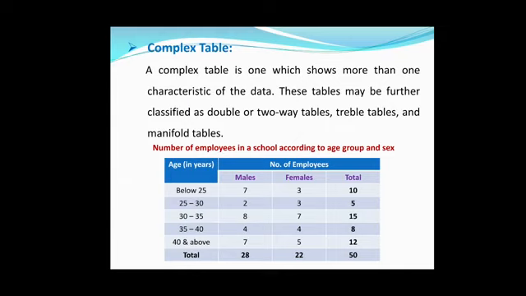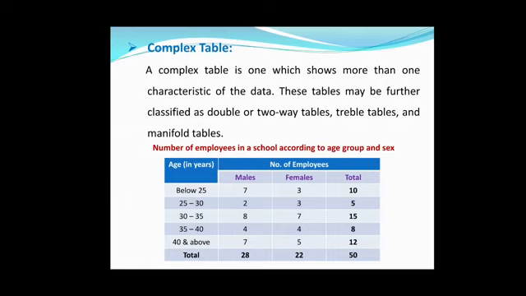Now coming to another important type of table according to construction, which is complex table. Dear students, a complex table is one which shows more than one characteristic of the data. These tables may be further classified as double or two-way tables, treble tables or three-way tables, and manifold or high-order tables.